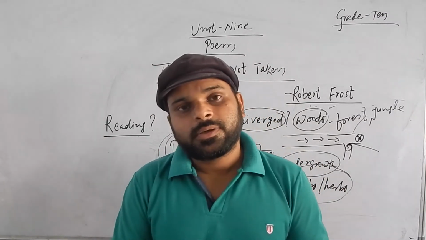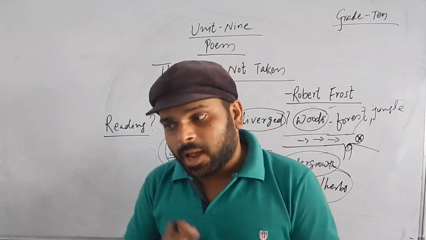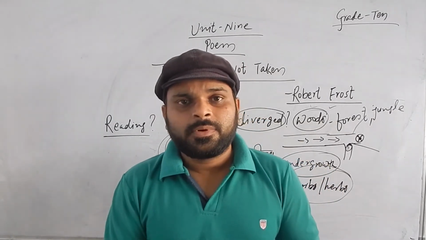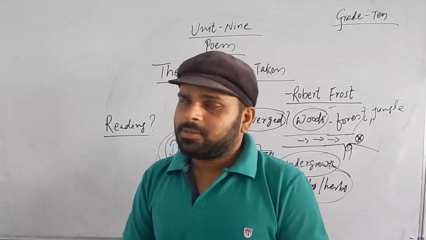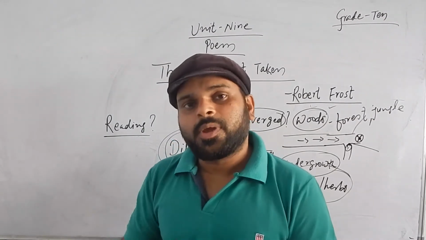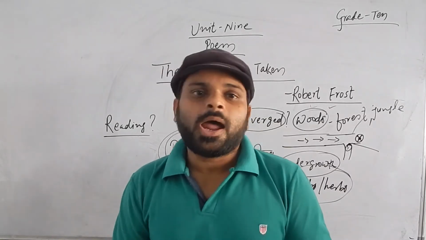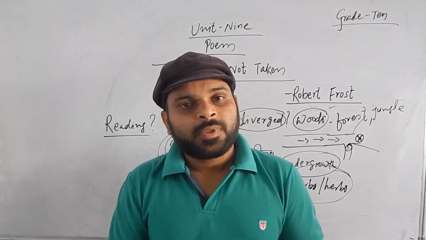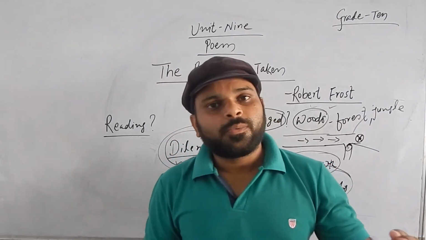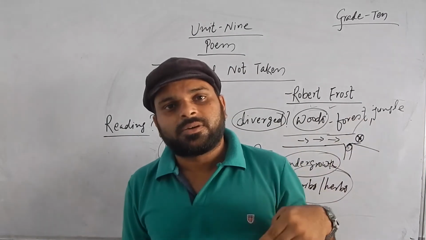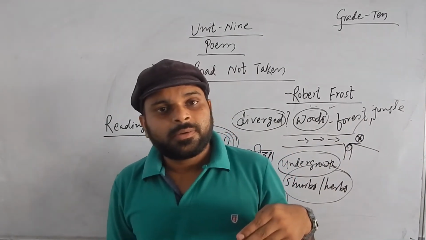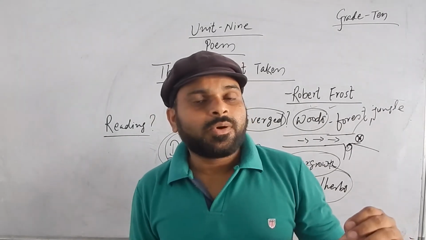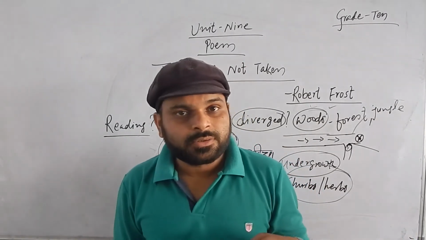He was really doubtful that the road I took, at the surface level it's a road, but at the deeper level it's the way of life we took. And he is still confused that the road I took will lead me to my destination or not. But he is really taking the road with great doubts.